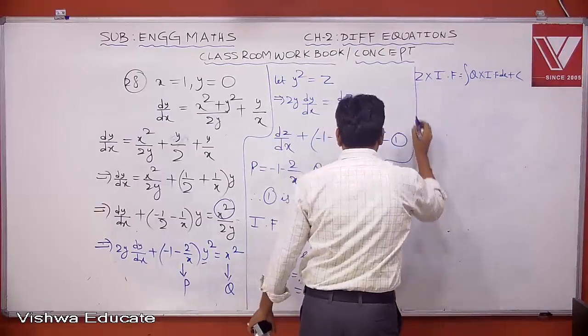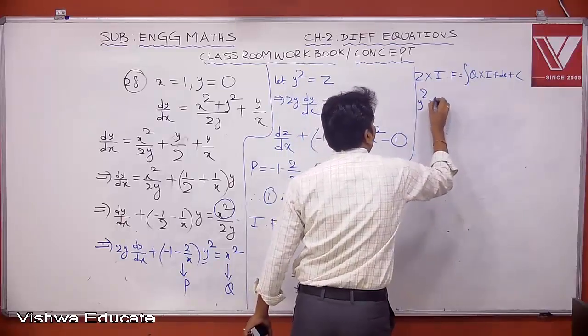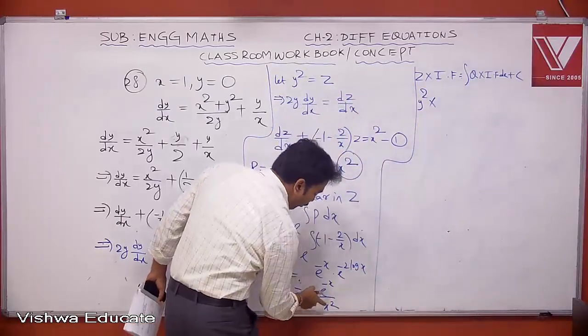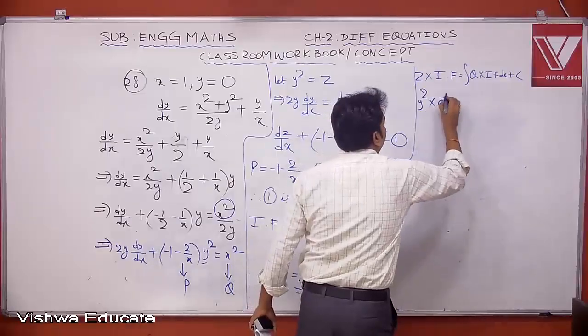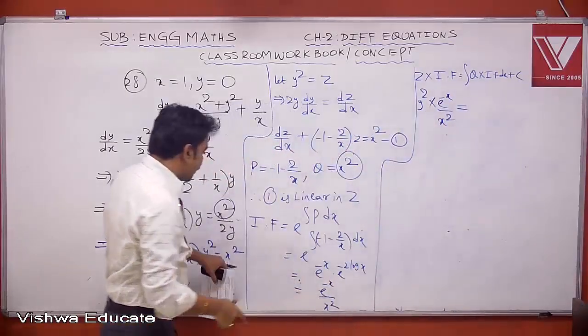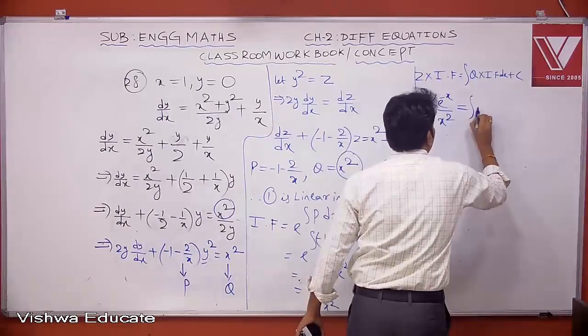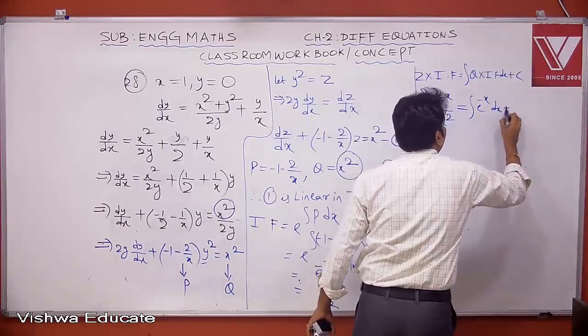What is z? The z value is y square. So y square into the integrating factor e power minus x by x square equal to, what is q? The q value is x square. Multiplying q with this, I will get integral e power minus x dx plus c.